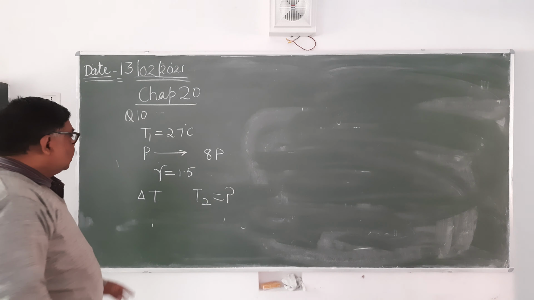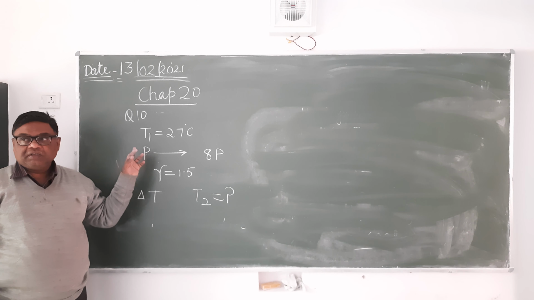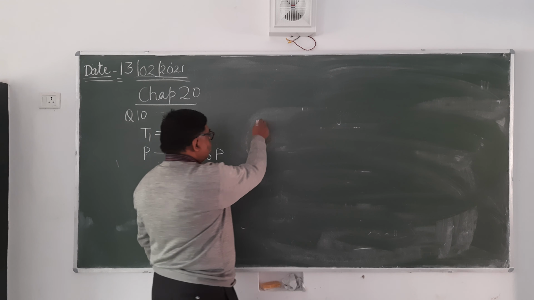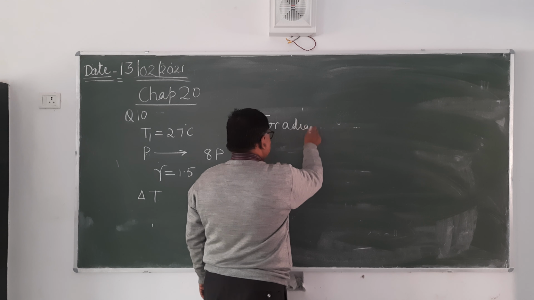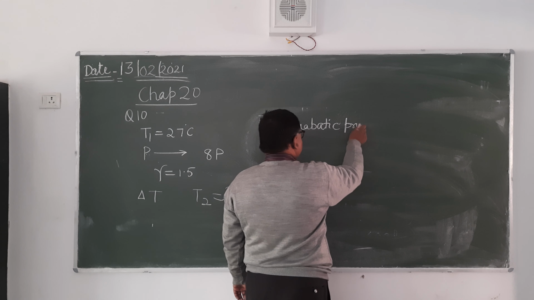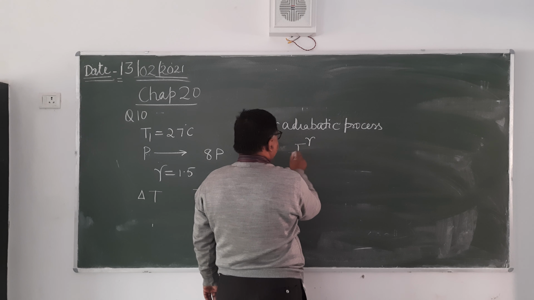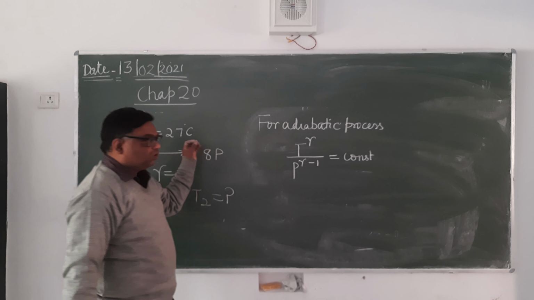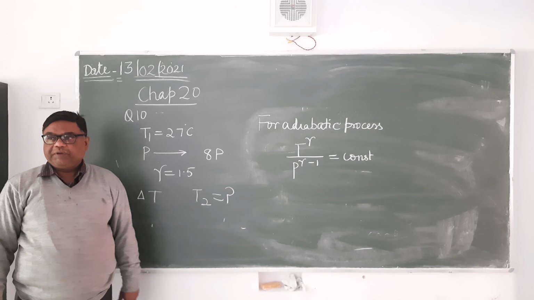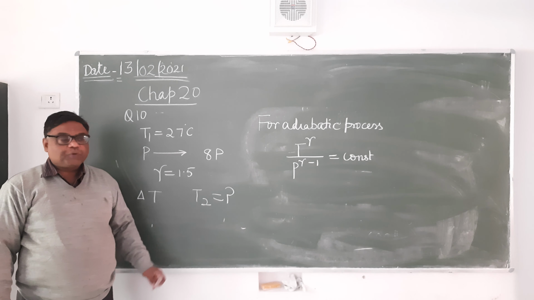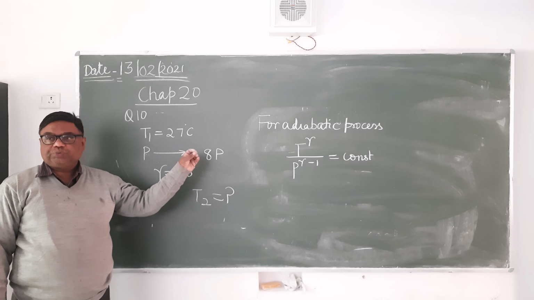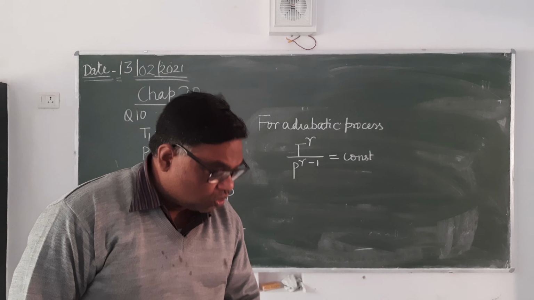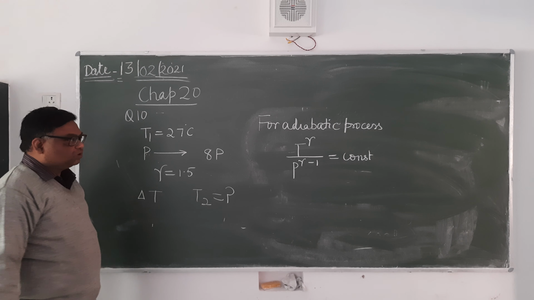Here the two variables involved are T and P, so we use the equation of state in T and P for the adiabatic process: T to the power gamma upon P to the power gamma minus 1 equals constant. If the variables are P and V, we use PV to the power gamma equals constant. If the variables are V and T, we use TV to the power gamma minus 1 equals constant. But here we will use the one in P and T.